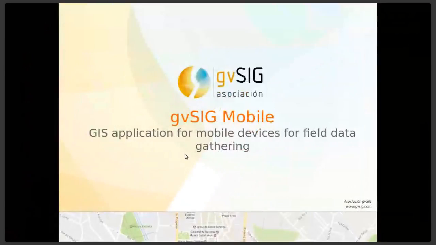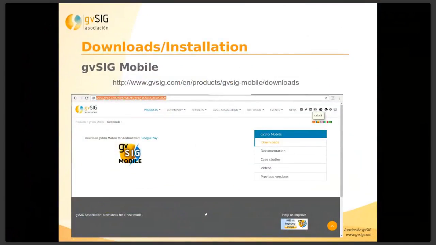To start, gvSIG Mobile is a GIS application for Android mobile devices for field data gathering. First of all, I'm going to speak about the installation. There are two parts in this case.